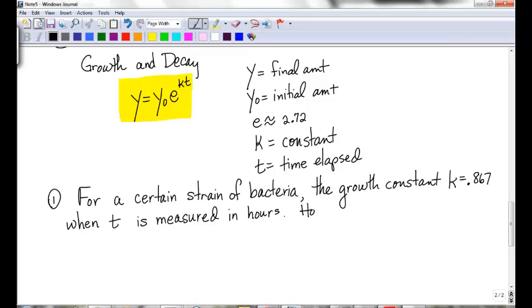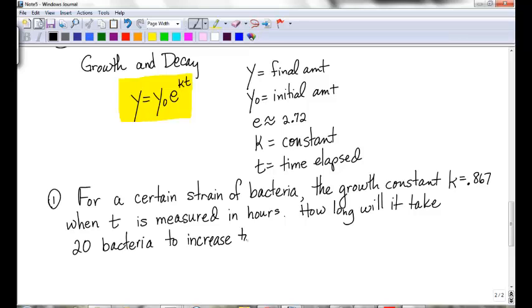How long will it take 20 bacteria to increase to 500? So it's going to grow.